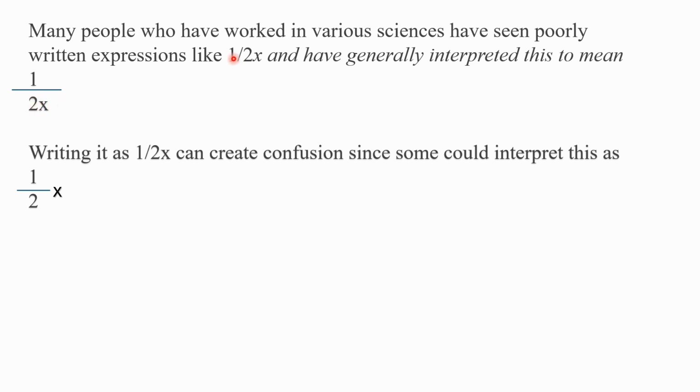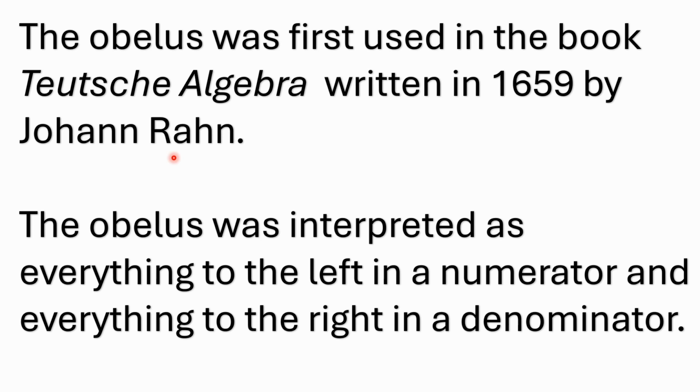But as you're looking at it with the forward slash, you could look at it differently. It can create confusion since it could also be interpreted as 1 half x. Does this x belong in the denominator with the 2, or is it supposed to be outside of that? Is it supposed to be 1 half times x? That's open to interpretation, honestly.